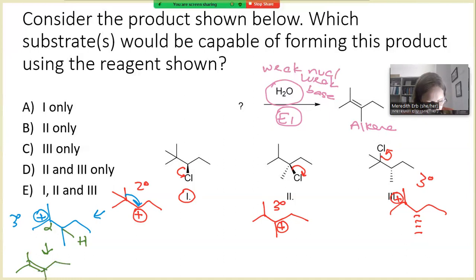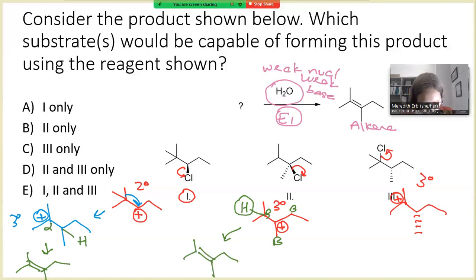In the case of molecule 2, there is a hydrogen located at this beta position. There are multiple beta carbons, but we need a beta hydrogen in a location that will give us the desired alkene, and it does have one. So we make that alkene as well.